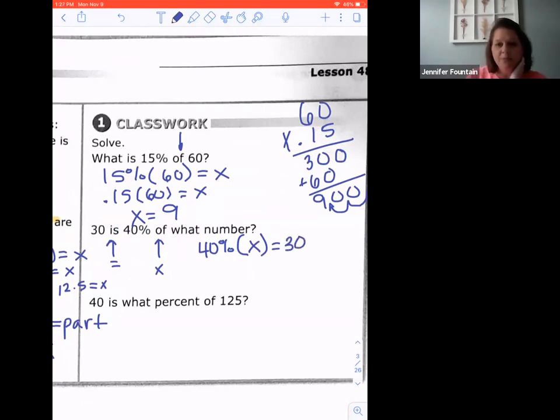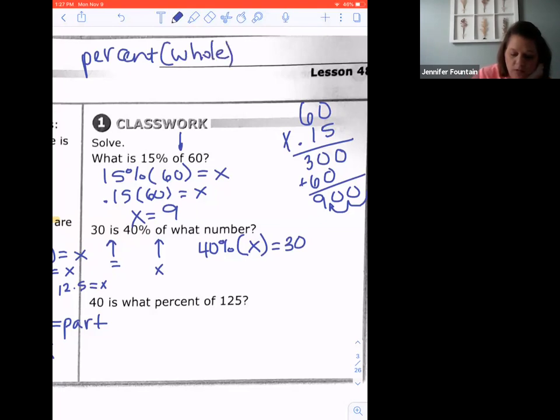I'm using my same formula of percent times whole equals part. I'm plugging in the information that the problem gives me. It tells me 40% of, when it says what number, that's where I know I'm using my variable X to represent the unknown. Is my equal sign and 30.